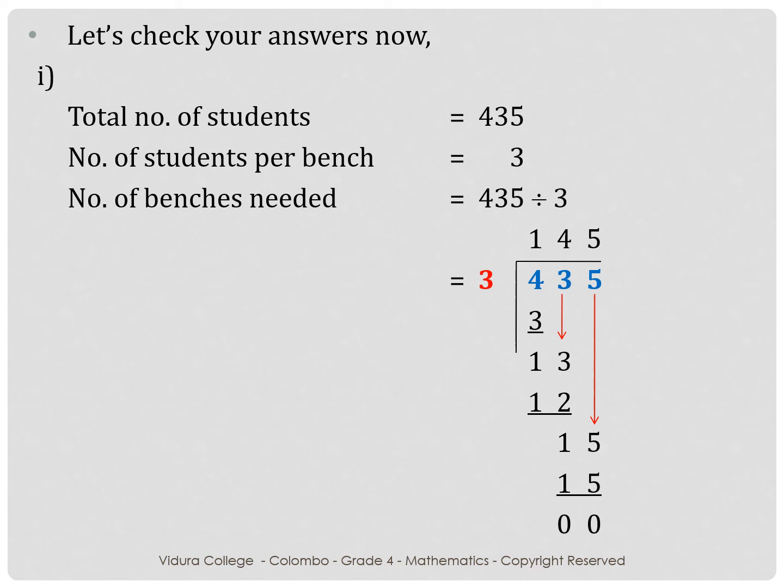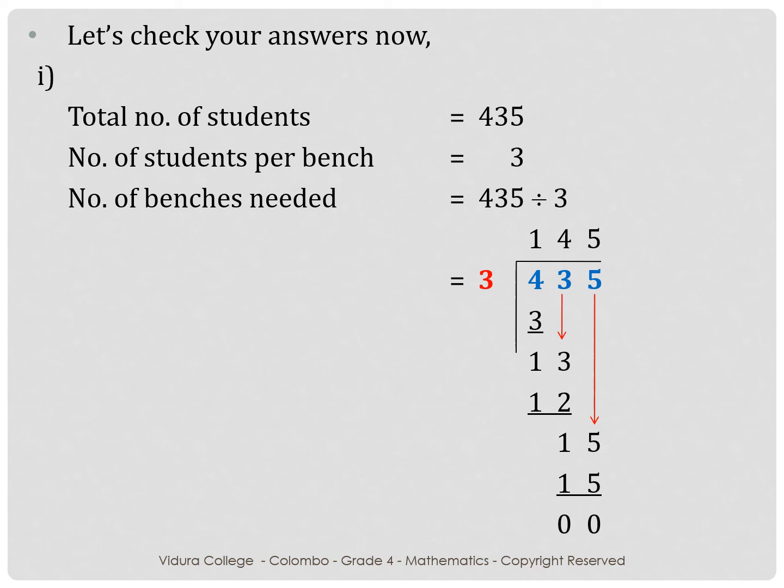Okay children, let's check your answers now. Answer for the first question. First statement should be total number of students equals 435. Second statement should be number of students per bench equals 3.